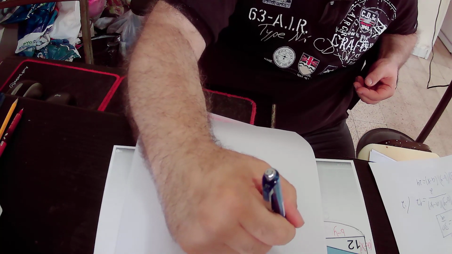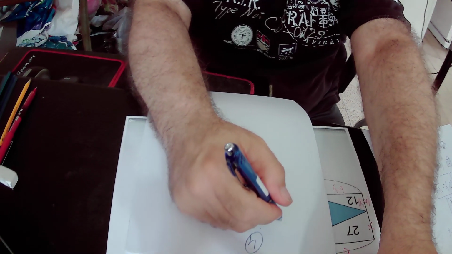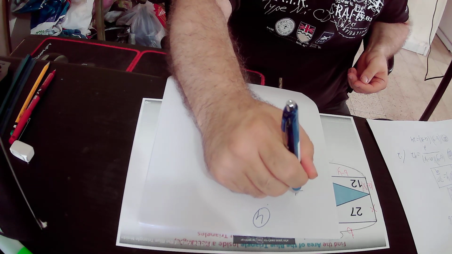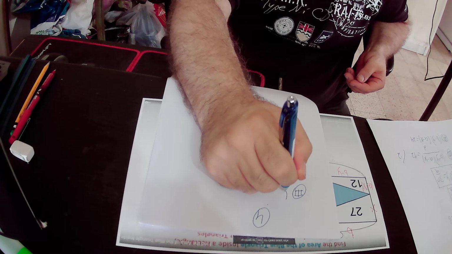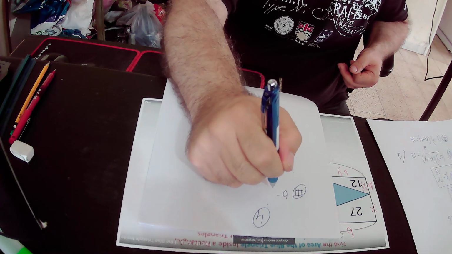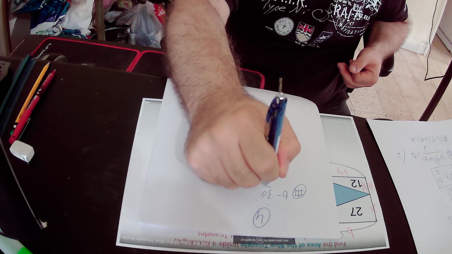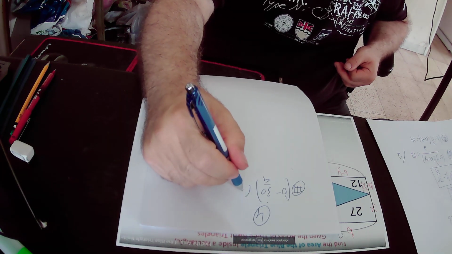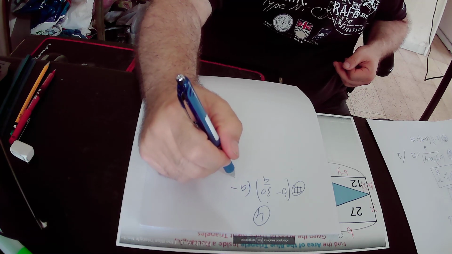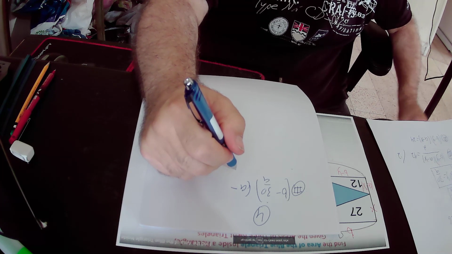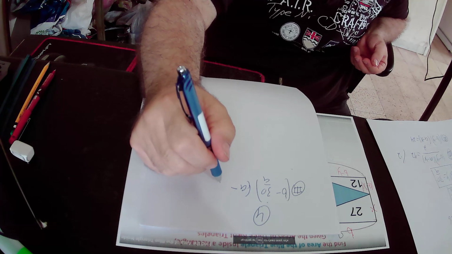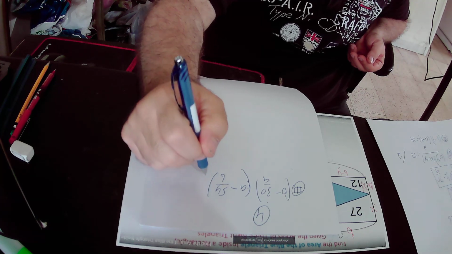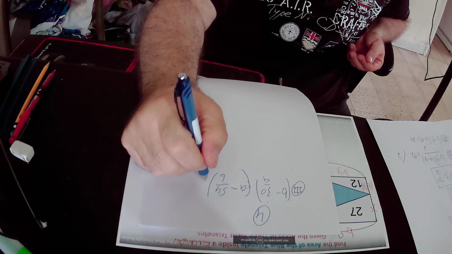We get b minus 30 over a, times a minus 54 over b, all equals 24.